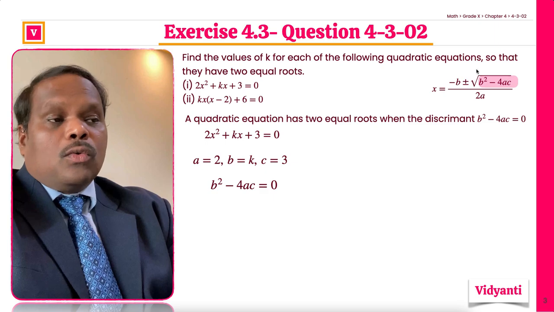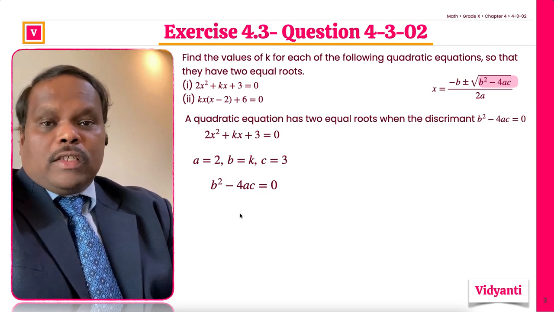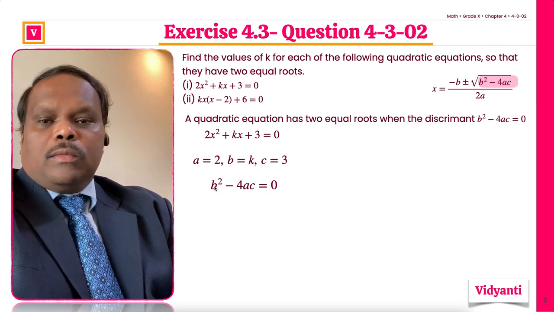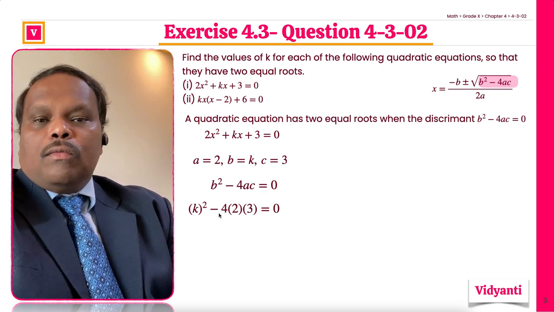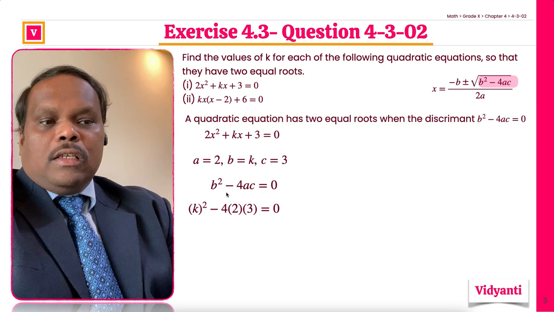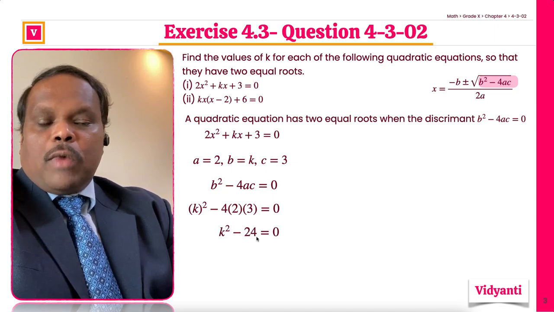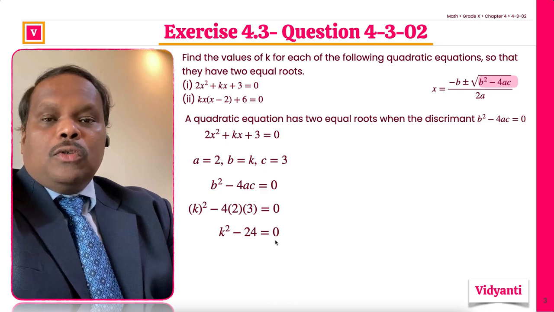And that happens only when b square minus 4ac becomes 0. It's a matter of substitution. So b is actually k, and 4 times a times c, where a is 2 and c is 3. Upon simplification, you get k square minus 24 equal to 0.